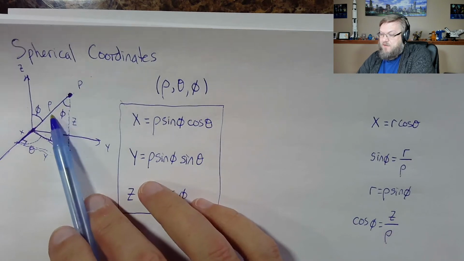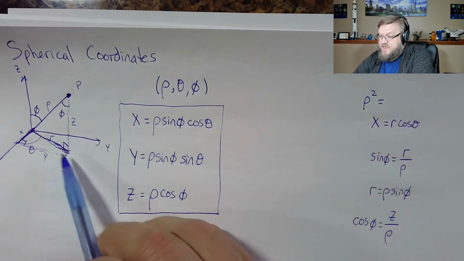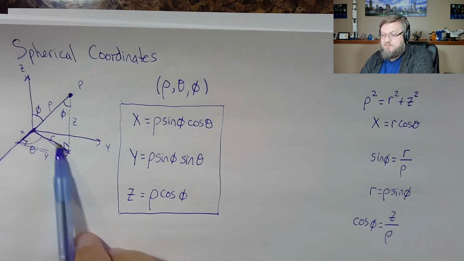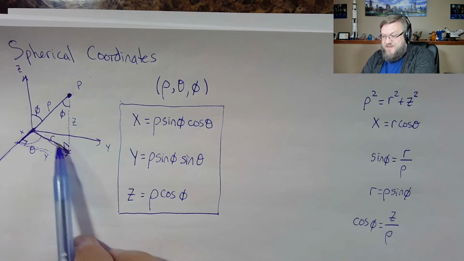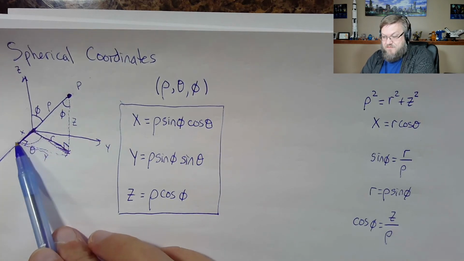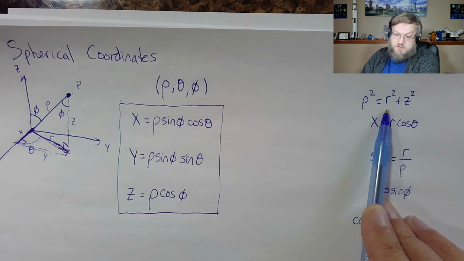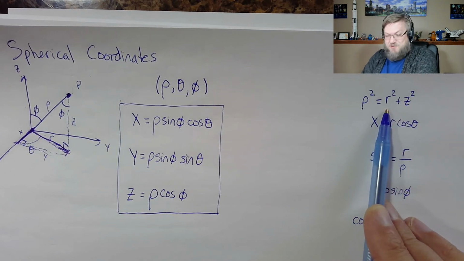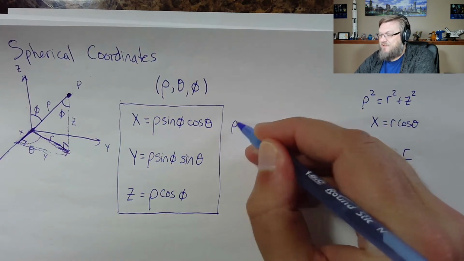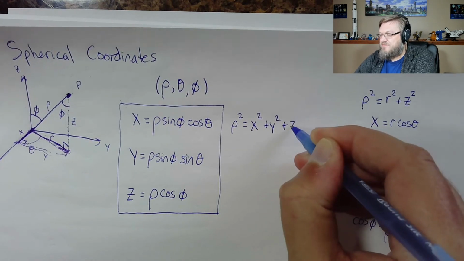And so we would know that rho squared has to equal r squared plus z squared by the Pythagorean theorem. But wait a minute, r is the hypotenuse of its own right triangle involving x and y. So guess what r squared equals? Oh, well, Polar told us as well. R squared equals x squared plus y squared. So that tells me that rho squared is actually x squared plus y squared plus z squared.